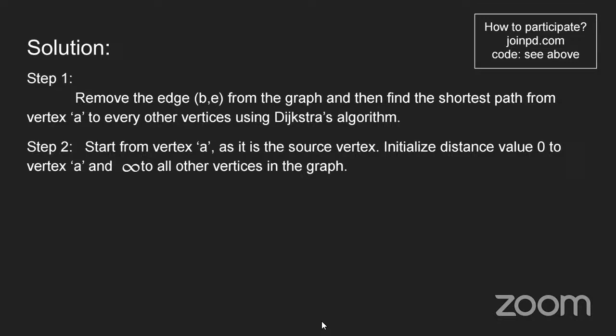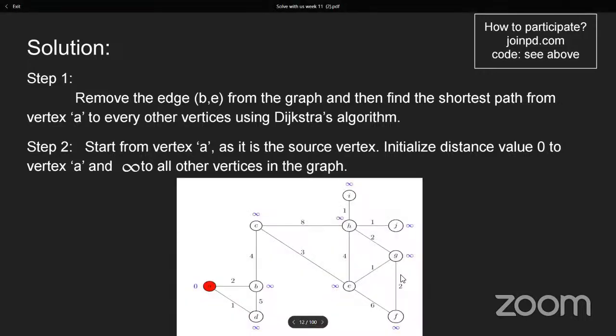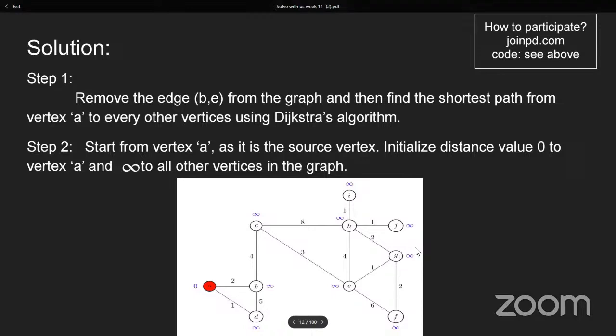So here we have zero for the source, and all the other vertices are given infinite, as you have seen in the video lecture. You can see that all others are infinite.